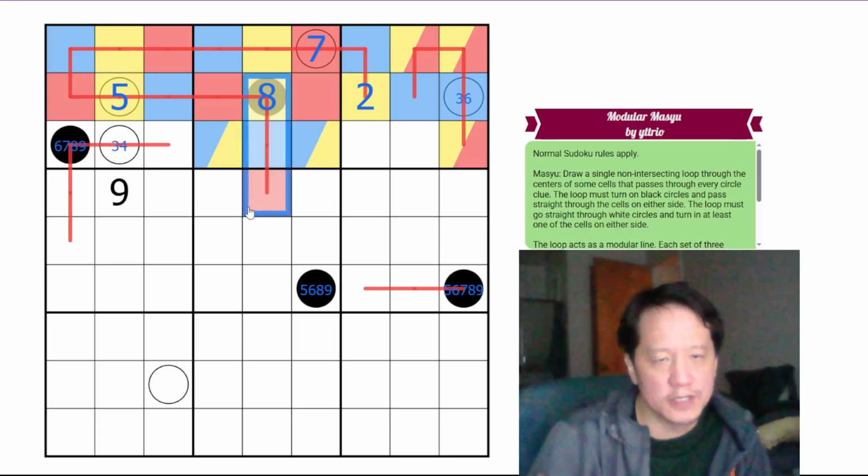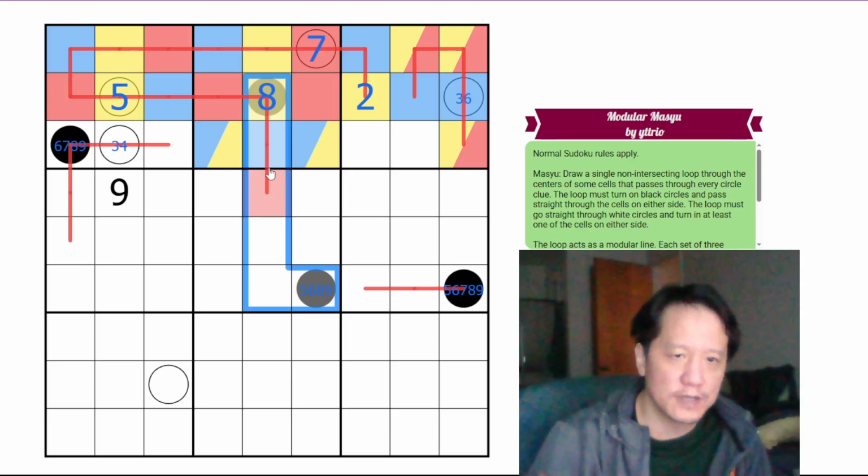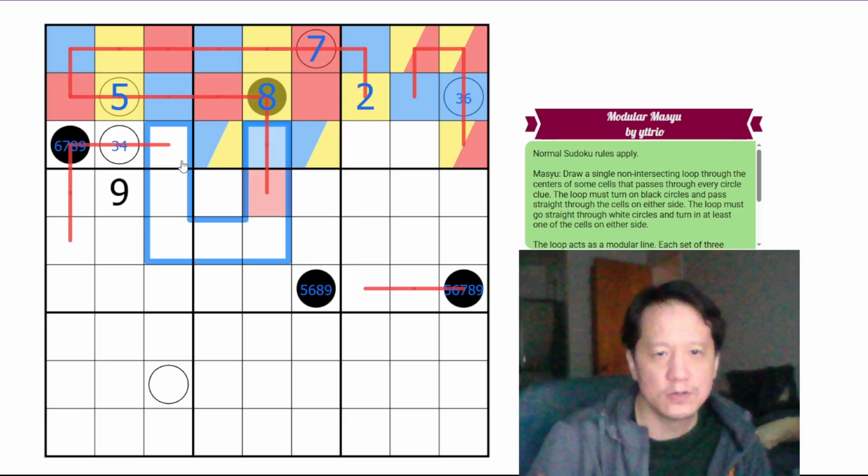So how does this connect? It cannot connect to something like this. I think it has to connect to here. Somewhere, right?